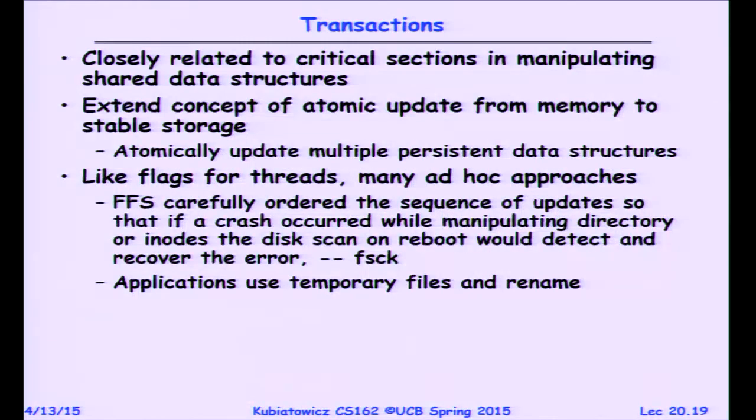And the thing is that there's lots of ways to do it. As I showed you, the fast file system carefully ordered the sequence of updates to make them atomic with respect to crashes. The problem with that is that it's very one-of-a-kind, and you have to think really hard, and it probably doesn't actually quite work.